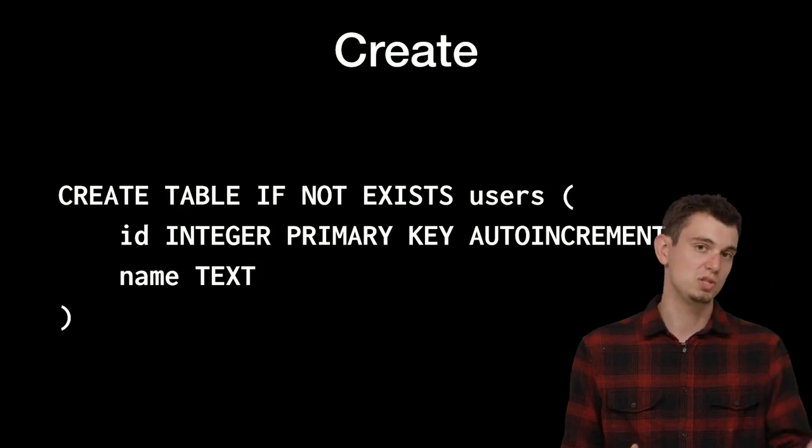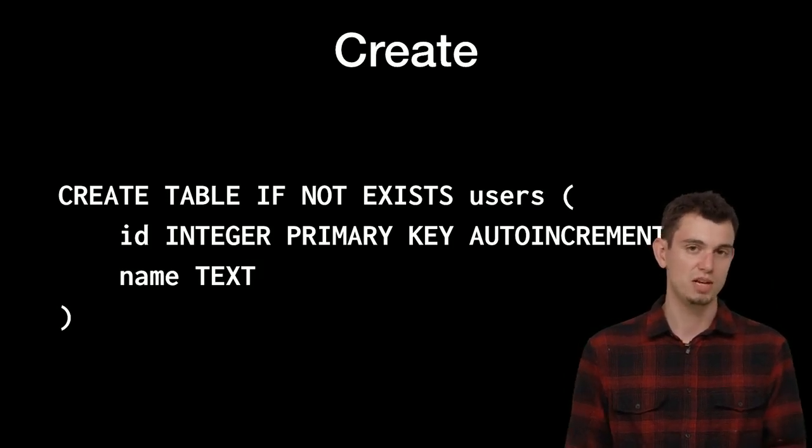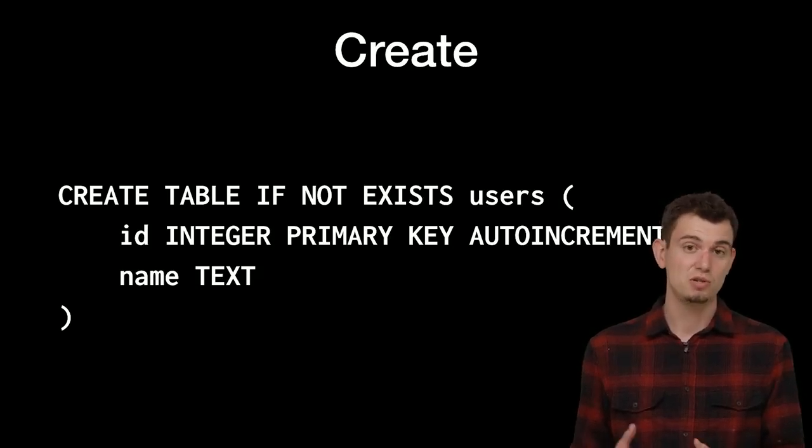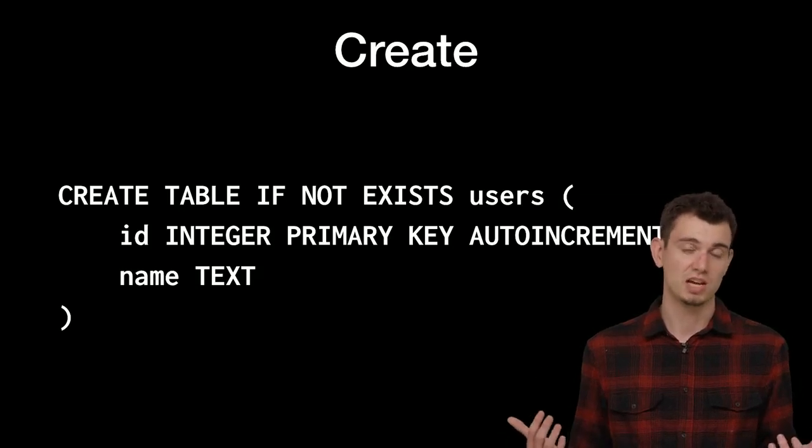So this will basically be sequential as you're adding rows to the database. Our other column is a text column. It's called name, and because its type is text, it allows you to insert any arbitrary length text and store that as a string.